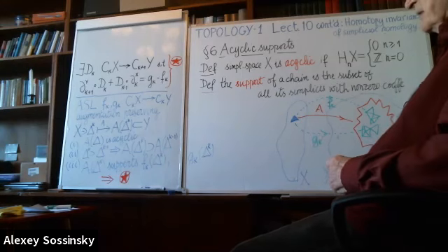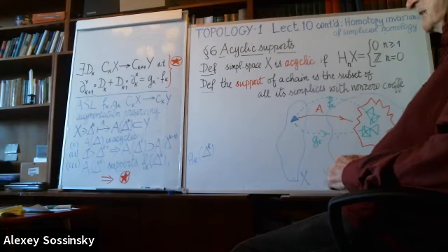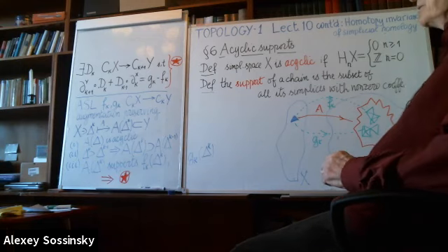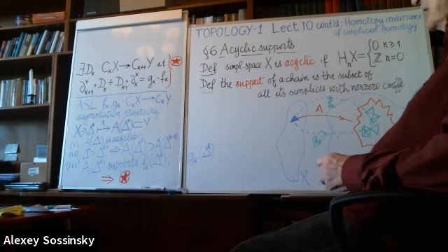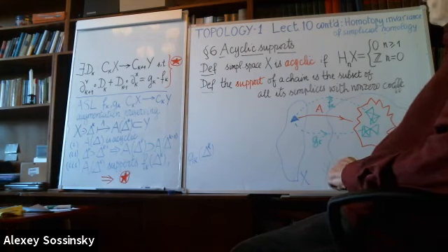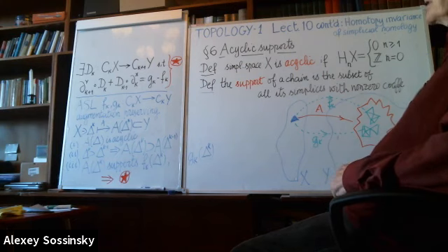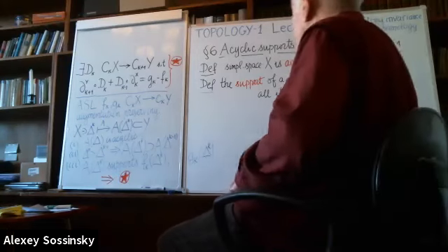Finally, it has the property that A of the simplex will support both the chain F k of delta k and the chain G k of delta k. So this is the acyclic support lemma, and we will now proceed to proving it.